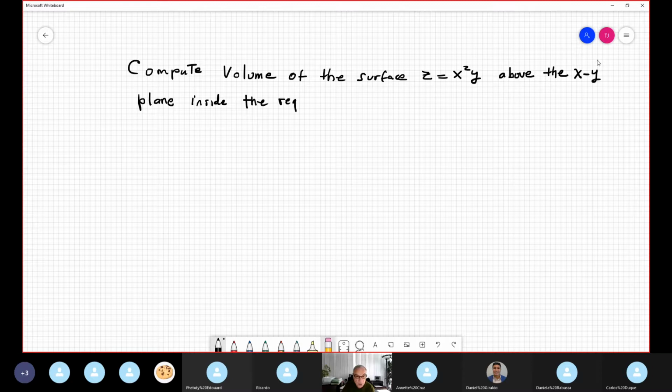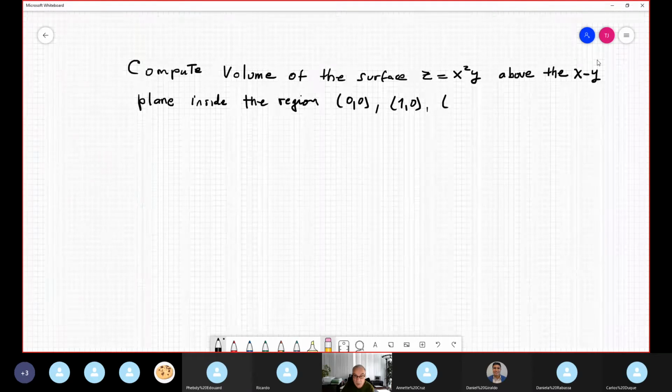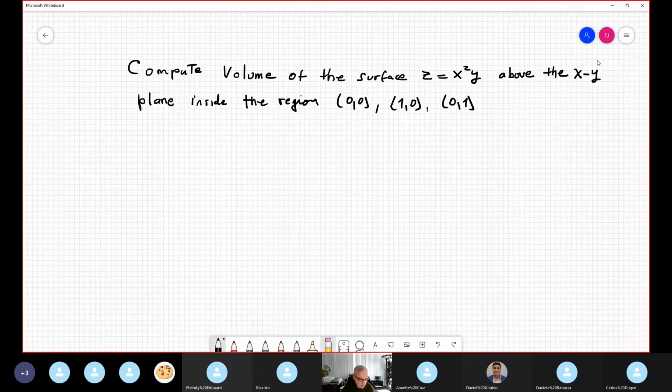So we always have a region, which is represented by the points 0,0, 1,0, 0,1. Basically it's a square, and 1,1.